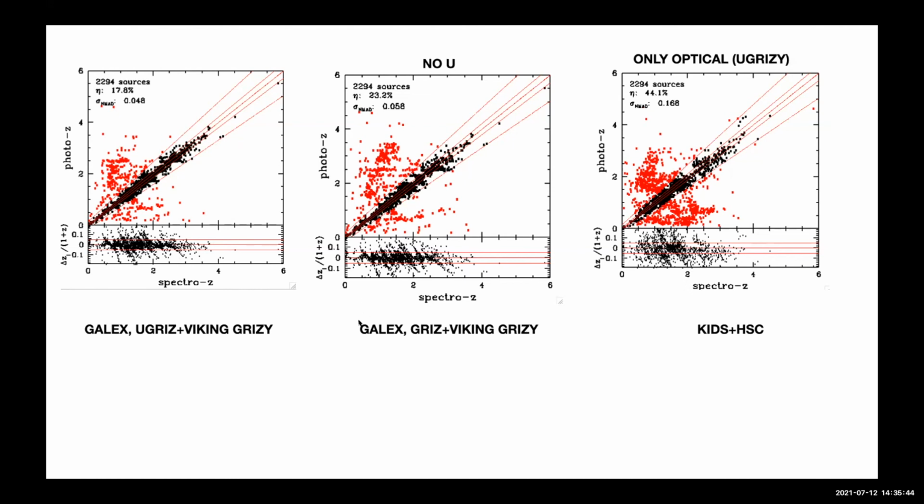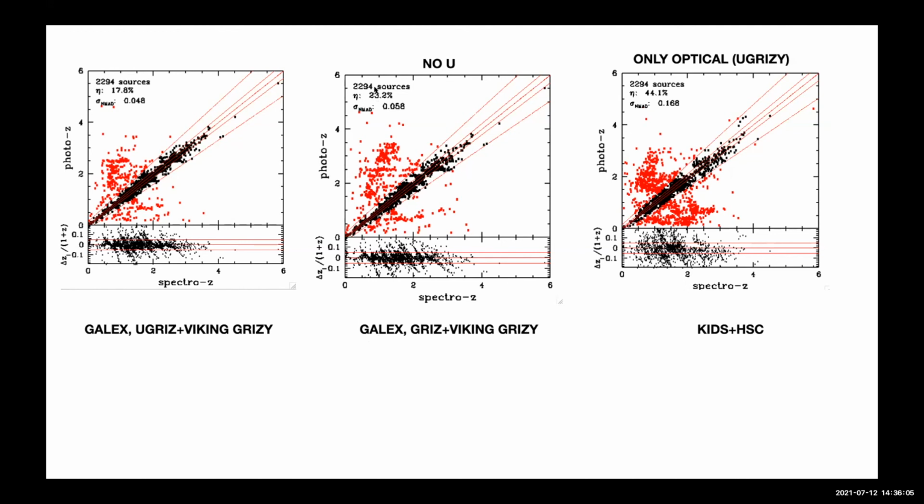So I took exactly the same photometry, but I took away the u-band. Already you see what happens when you do not have the u-band. The values to look at are the fraction of outliers on the top and the accuracy expressed as sigma NMAD. You see already that you increase the fraction of outliers.